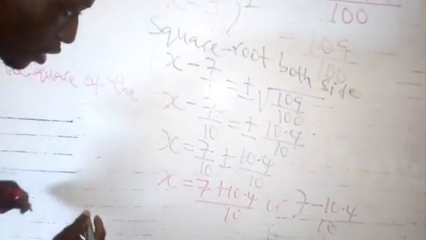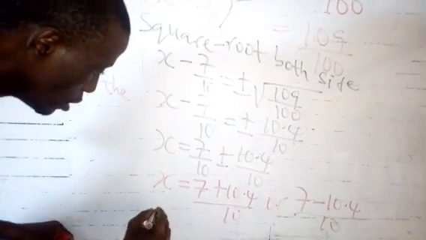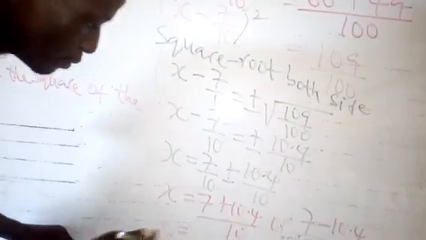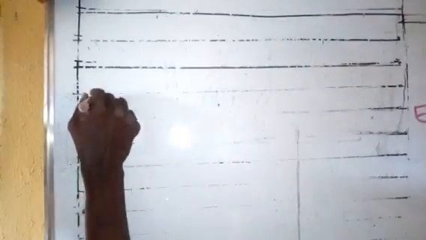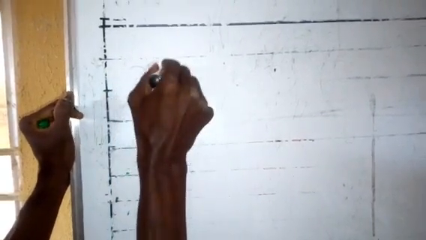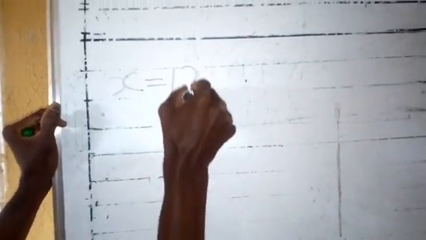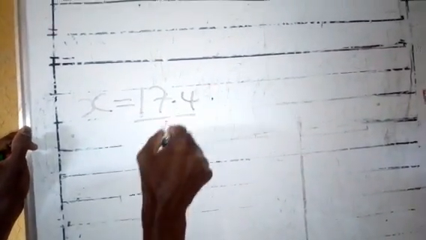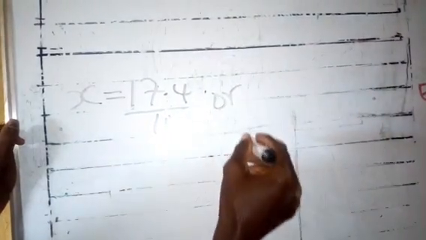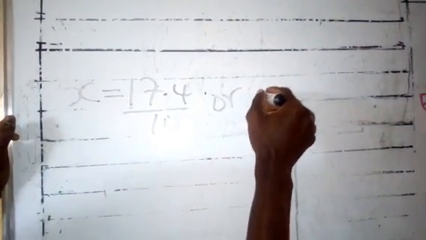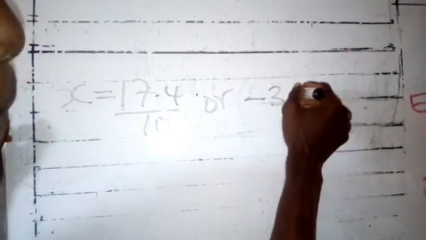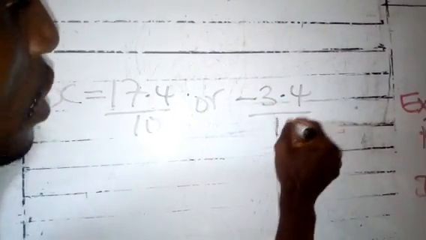What is 7 plus 10.4? X is equal to 17.4 over 10, or minus 3.4 over 10.